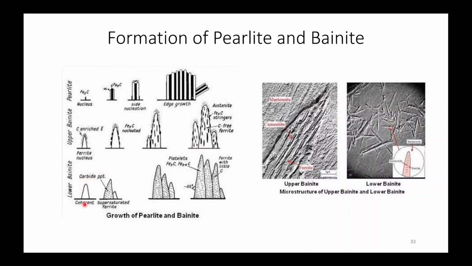And in case of lower bainite, a needle type of structure will form, while in this case plates will form. So in this case epsilon carbide forms in lower bainite. So firstly ferrite is forming, then there is precipitation of epsilon carbide and this type of structure is forming. This is the microstructure of upper bainite and lower bainite.